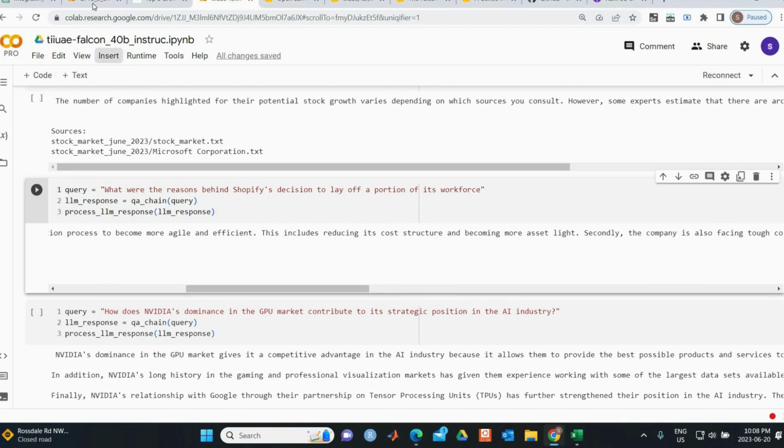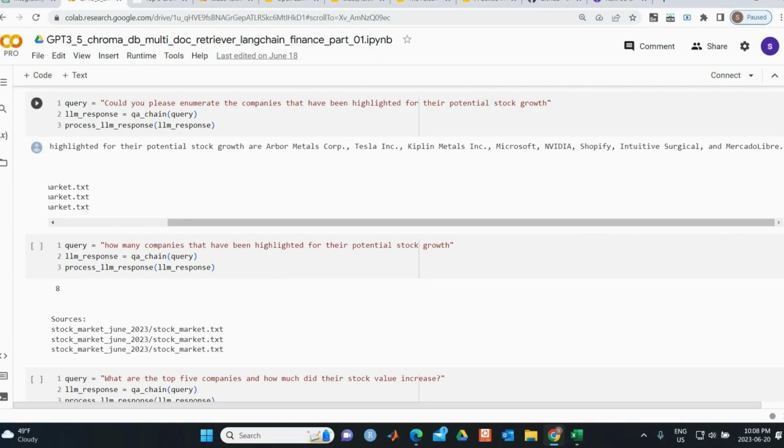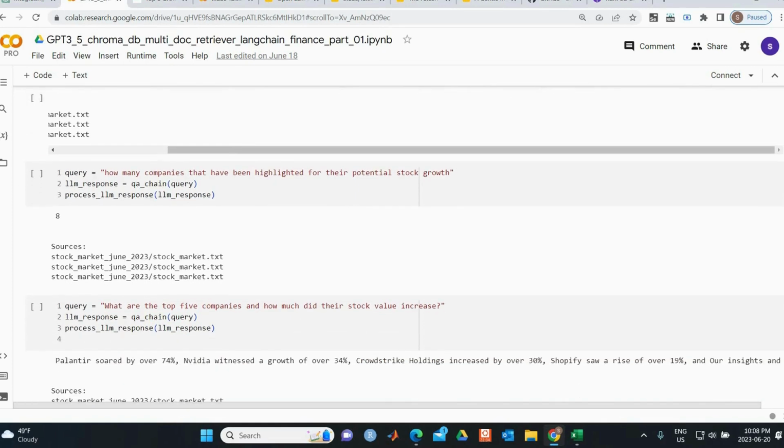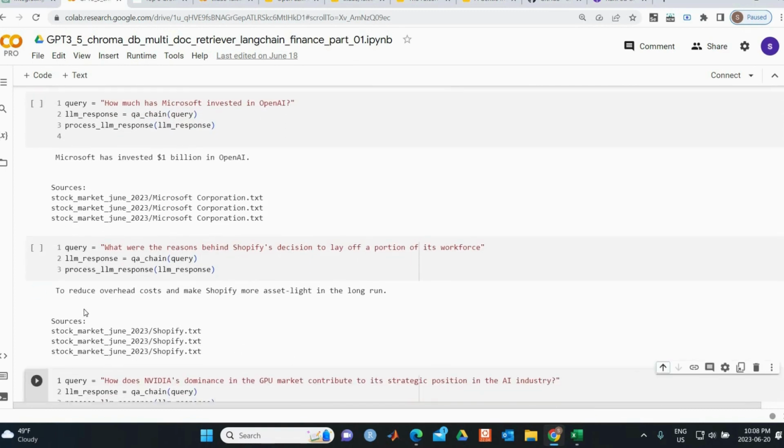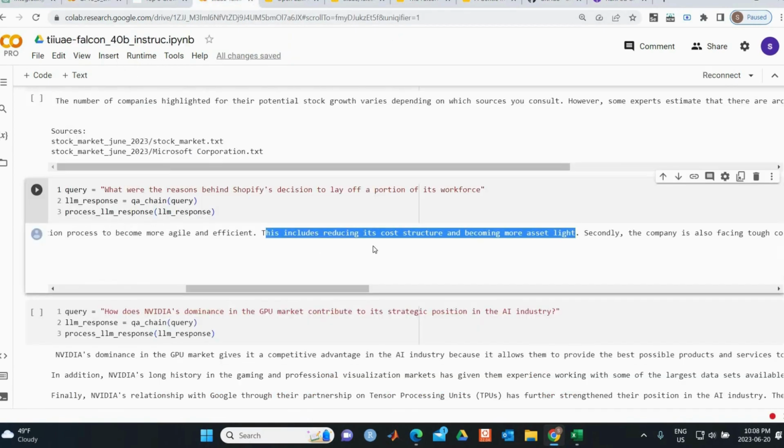If you remember, this was the only answer that we got from the OpenAI model. Just to compare it again, let's have a quick look at it. Yes, something like this: Shopify more asset light in the long run. Reducing cost is somehow similar, so I think the meaning is almost the same there.